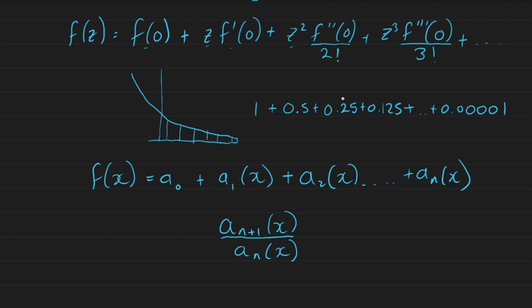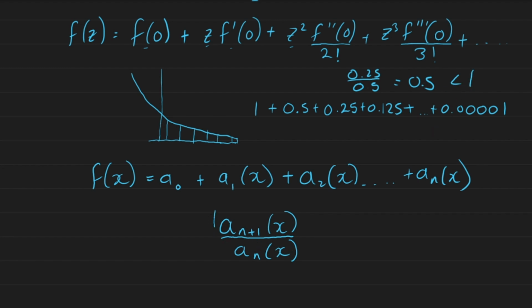We can see that if we take 0.25 and we divide it by 0.5, then we get 0.5, which is less than 1. So we are applying this logic here.